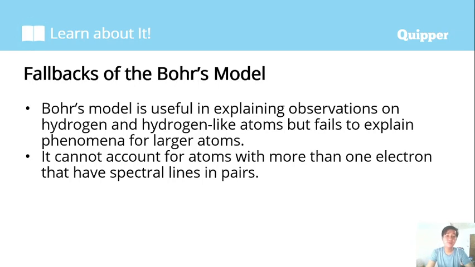One of the fallbacks of Bohr's model is that he was able to explain the atom of hydrogen but failed to explain larger atoms. That was the major fallback of Bohr's model. He also could not explain why electrons would not emit photons all the time and why special orbits exist.